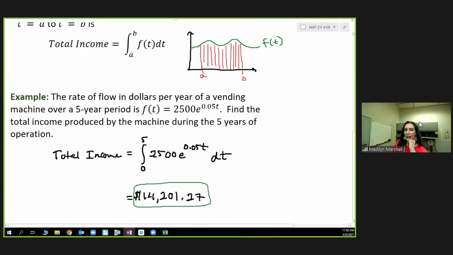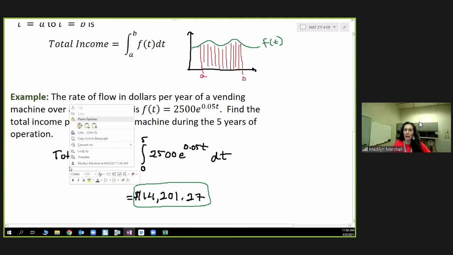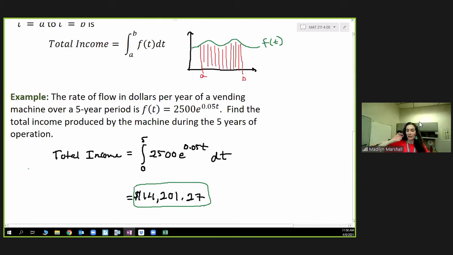So this is just this straight continuous income stream, but we actually have one more layer to this, which is the future value. So what if we take this vending machine and then automatically put the income from the vending machine into a savings account that is compounding continuously.